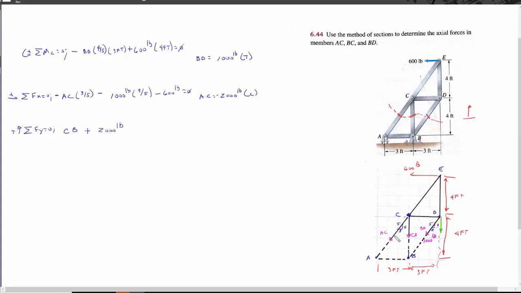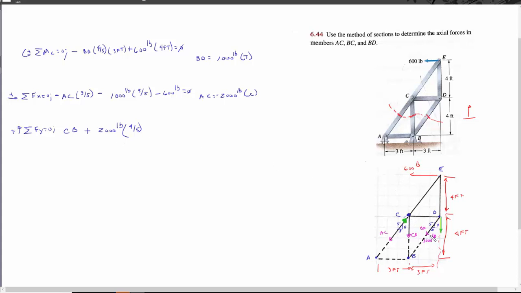Well, remember, AC came out to be negative. So if we wanted to change the direction up here, that's probably a good idea to draw another arrowhead, because we know this is going into the joint. It's in compression, which means that this AC, which is 2,000 pounds, times 4/5, so we're finding the y component of this AC, and it's going up.